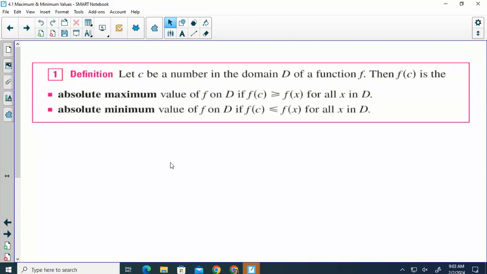The big thing we're focusing on today is absolute and local maximums and minimums. We've touched on these before. The absolute is basically the highest or lowest on the entire graph.